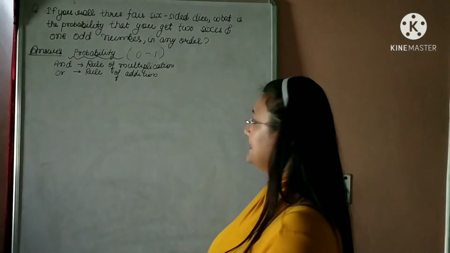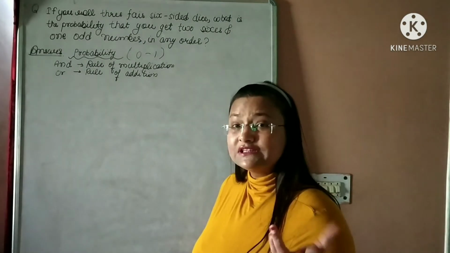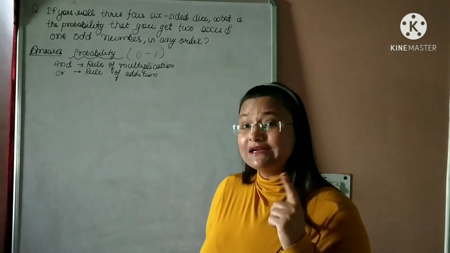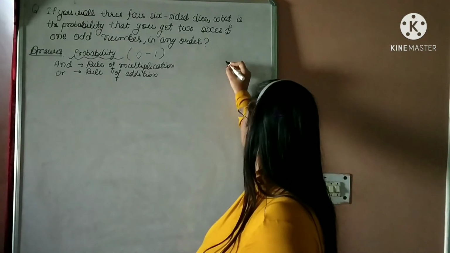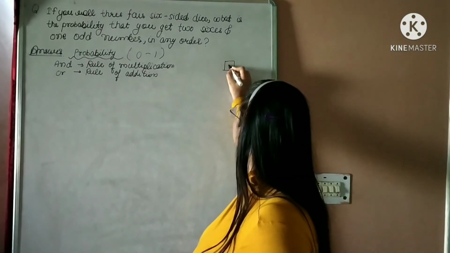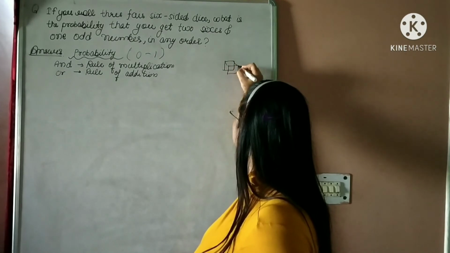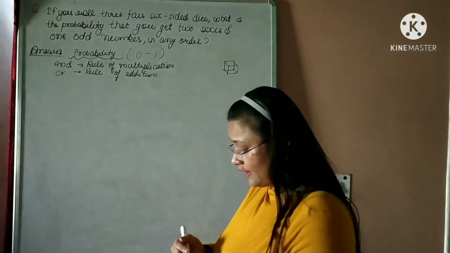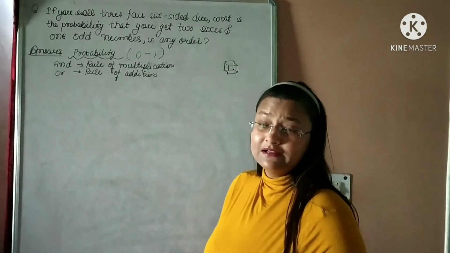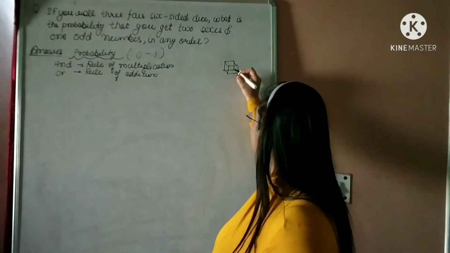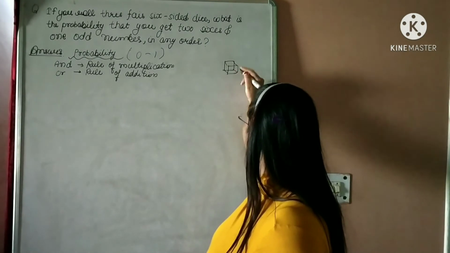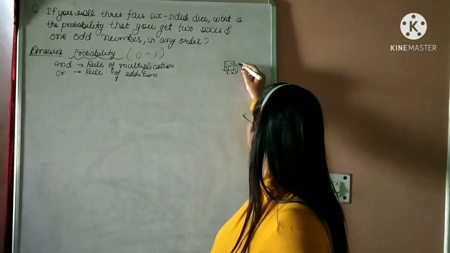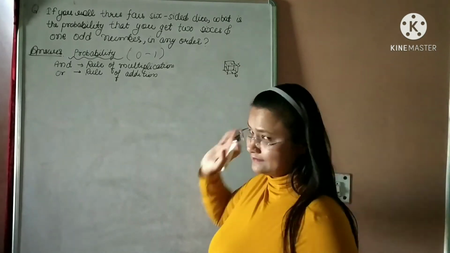They are saying out of the 3 dice, in 2 dice we will get 6. We know a dice is cuboidal and has 6 sides, and on each surface there is a number, like 1, 2, 3, then 4, 5 and 6.